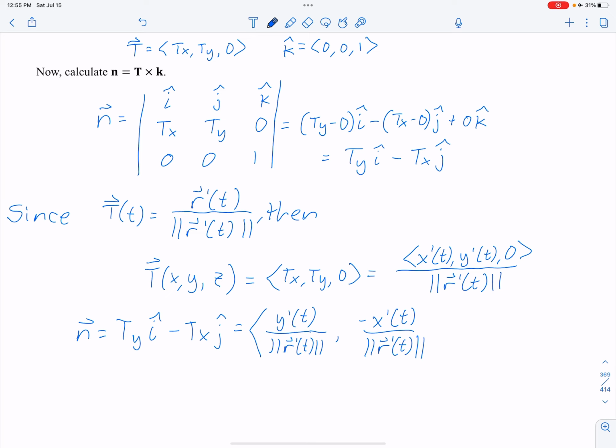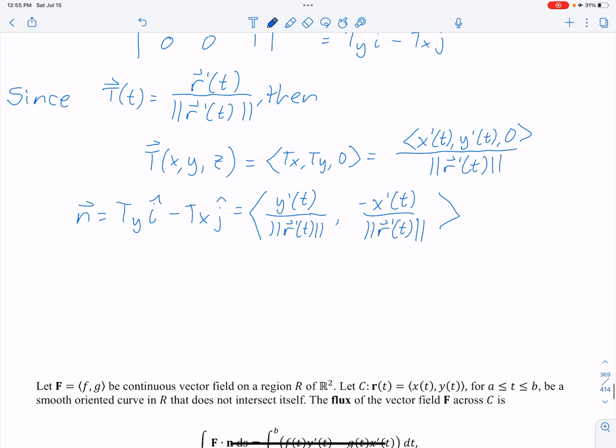All we're doing is replacing. I define t that way, then we use t to find n. If I wanted to write that out a little further, I could write the vector y prime of t, negative x prime of t, divided by the magnitude, and I only need to write my magnitude once. Cool, so we have that.